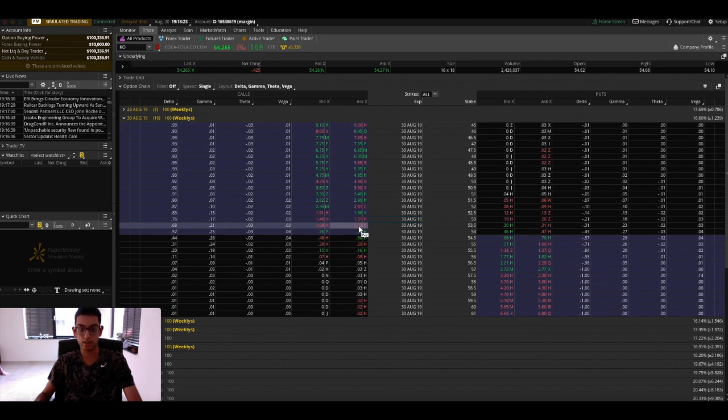In fact, you only put in 112 into it. If that was the case with a $2 up move in the next 10 days, which is very unlikely because the implied volatility is only $1.23. So a $2 move is unlikely to happen. So that was just gamma for you guys.